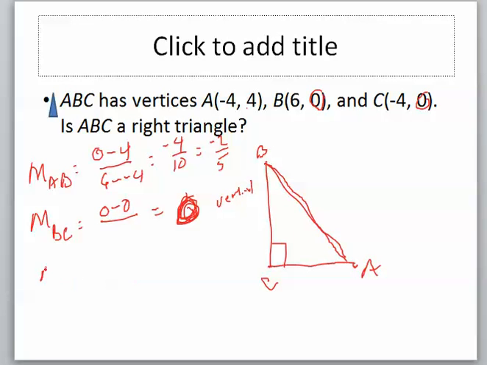And my slope of CA, which is going to be C is 0 minus 4 divided by negative 4 minus a negative 4. And that's going to be equal to negative 4 over 0. Well, that's undefined.